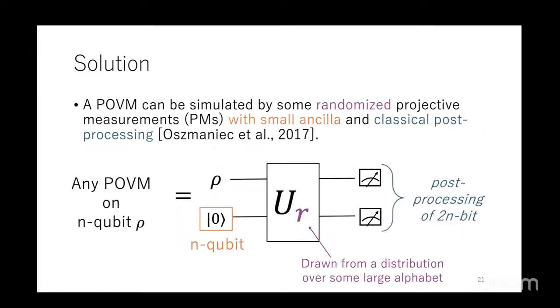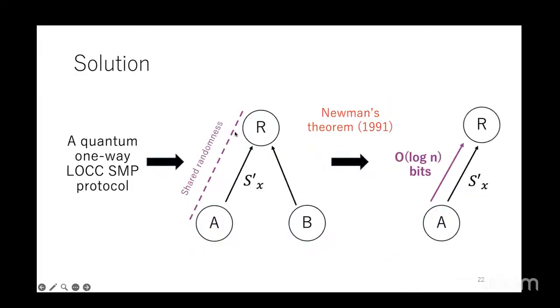To recover the original outcome of the POVM measurement, the referee needs to know which unitary Alice applied. So this shared randomness is required to recover the original POVM measurement from the randomized projective measurement.